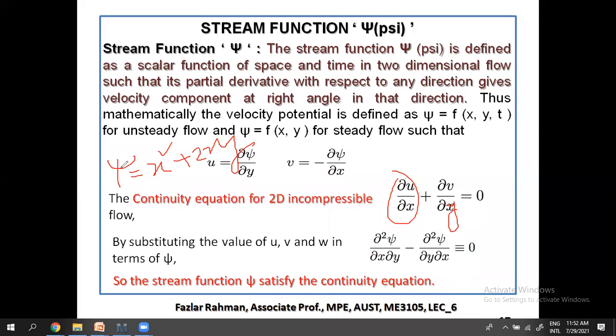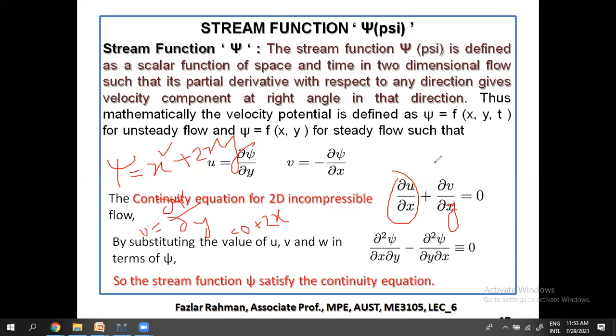From here, you figure out the value of u. What is u? Del psi by del y. So your u will be del psi divided by del y. What is that value? With x to the zero, it will be 2x only, right? That will be u.